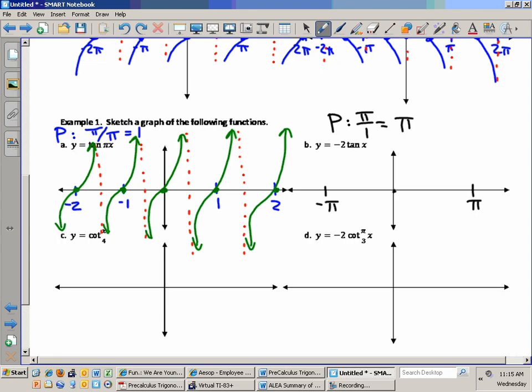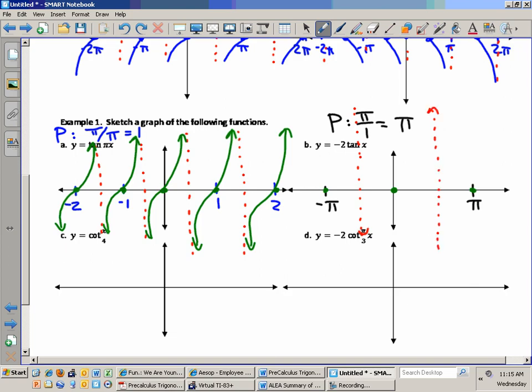Is tangent equal to 0 at the period or undefined at the period? It's 0 at the period, so I mark it going through 0 at the period. What happens halfway in between? Vertical asymptotes. Nope.